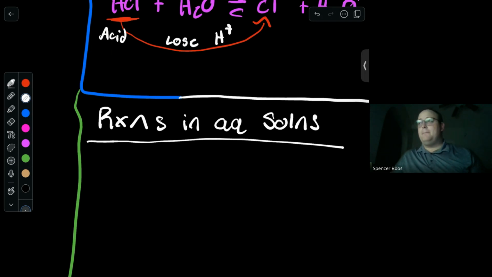Now, when we mix two things together, not always will they react, right? Some things just don't react with each other. Using this theory of reactions in aqueous solutions, we can predict what is going to react, and more importantly, what is going to precipitate.